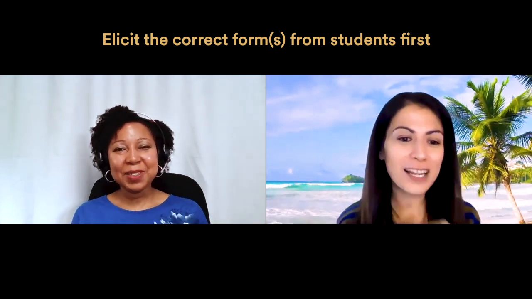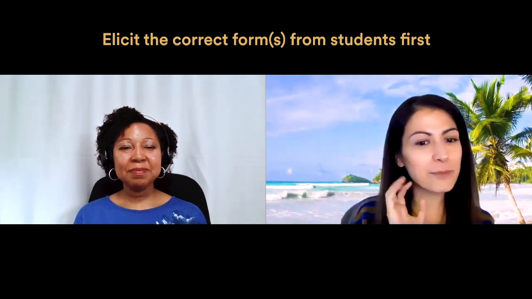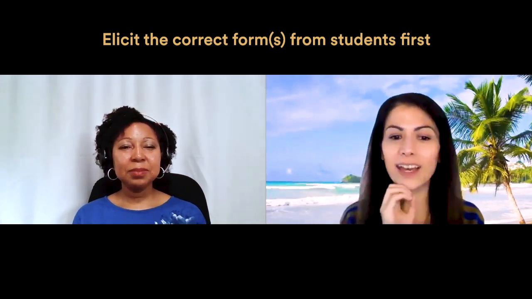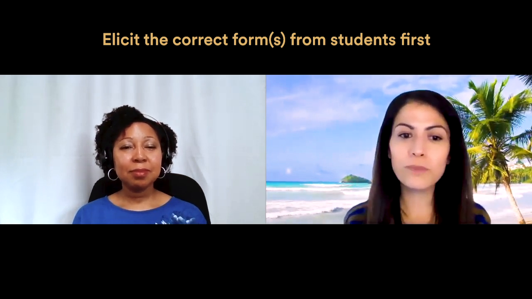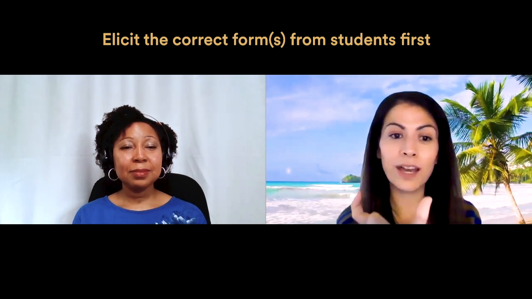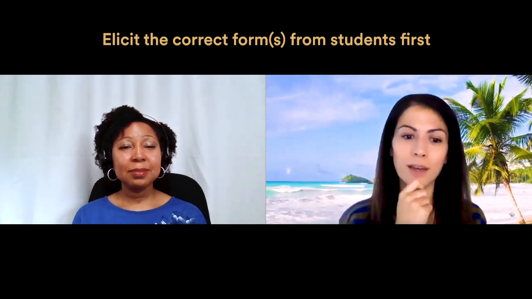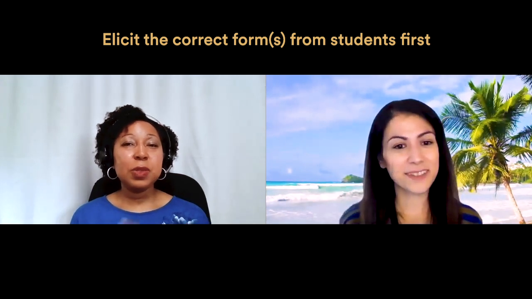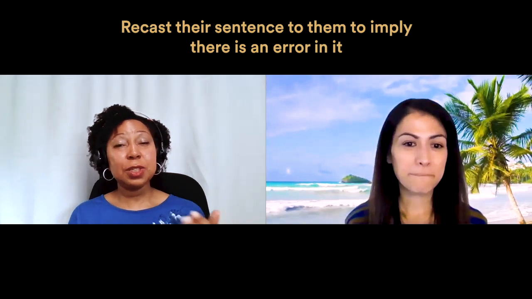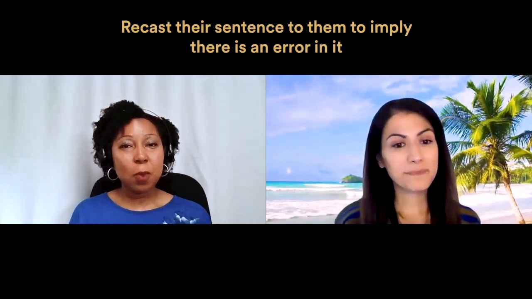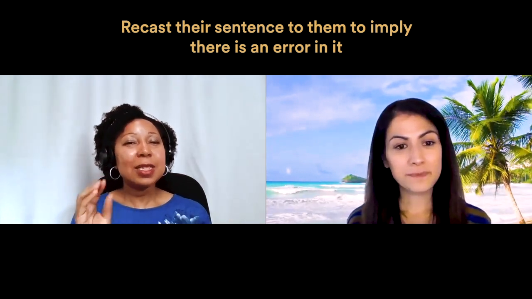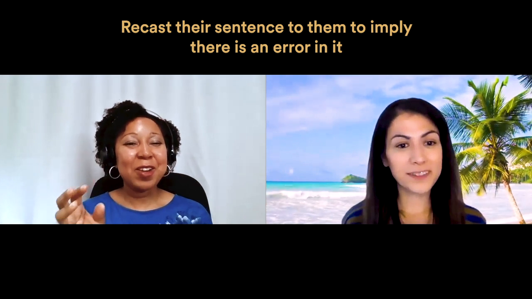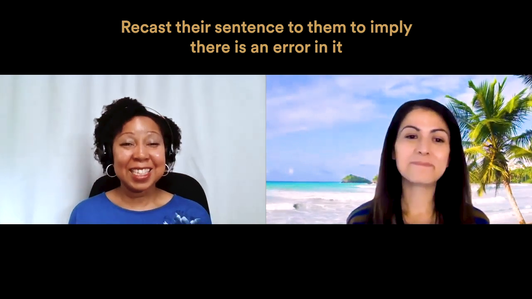I will always try to challenge my student by just highlighting perhaps there's a mistake here. Do you want to try again? Or if they need a little bit more prompting, maybe tell them exactly what the error is, but I would try to have them correct it. Elicitation is always what I'll go for first. At times I can do a recast, just repeat back to them with the correct form. But I've noticed that many times the students don't necessarily understand where the error is, or in their mind, they're thinking that's exactly what they said.